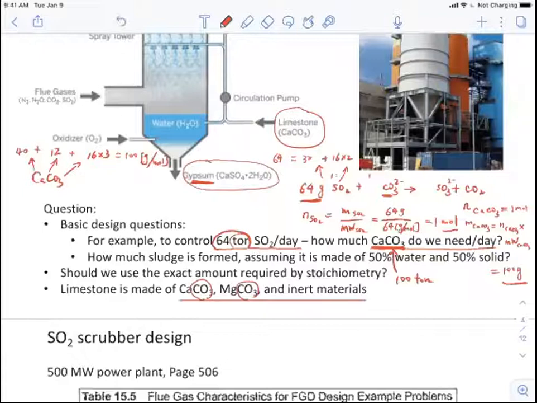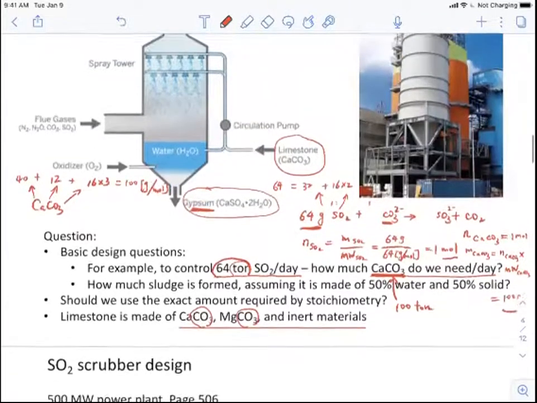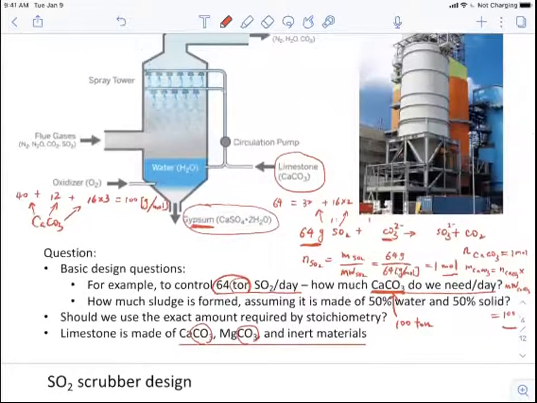We can go through this process in the example problem later on. This is basically finding the feed rate of the limestone. As we calculated, we're going to need 100 tons per day of calcium carbonate, and this is the feed rate.